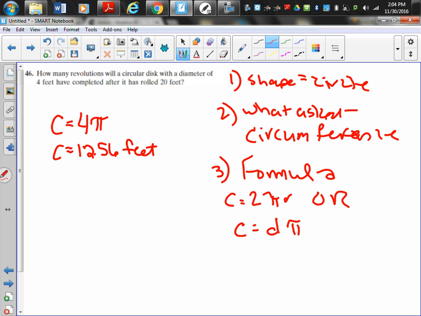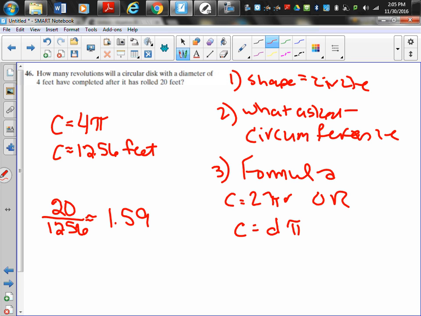Now, I want to roll this wheel 20 feet. How many times, or how many revolutions, will the wheel turn? How am I going to find it? Divide 20 by 12.56. So about 1.59.